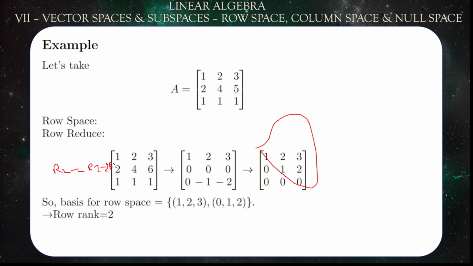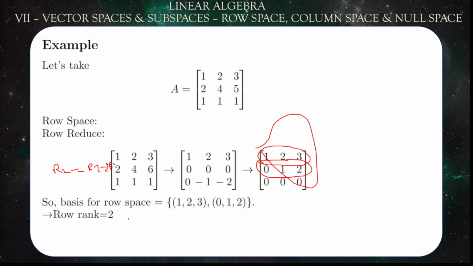Now the row space is made of all the unique rows, which are 1, 2, 3, that's the first one, and 0, 1, 2. Now 0, 0, 0 cannot be counted. Why? Because it makes the set linearly dependent.